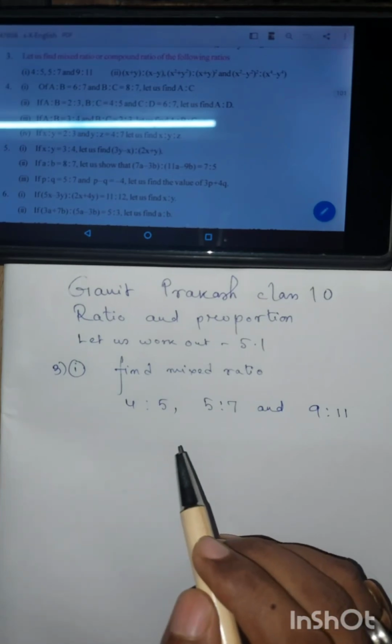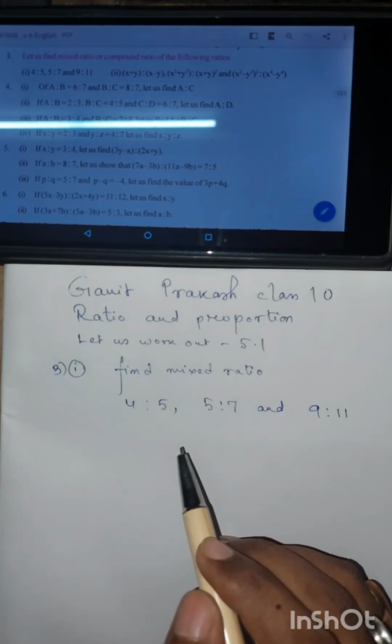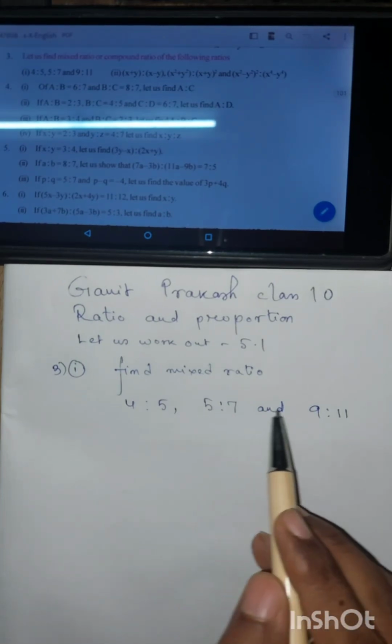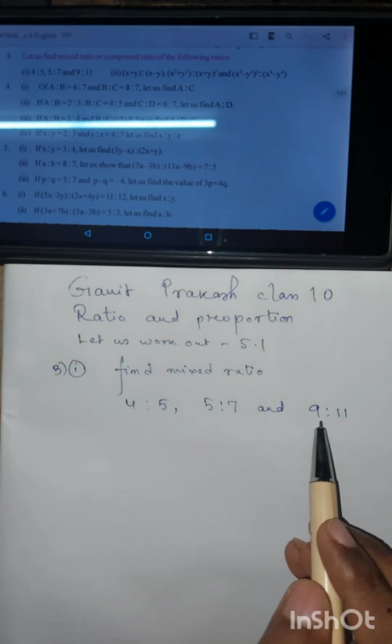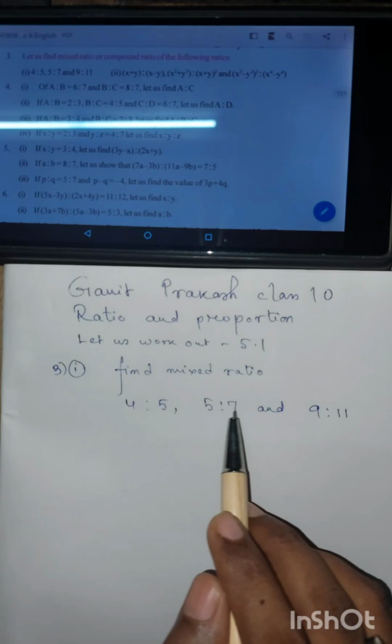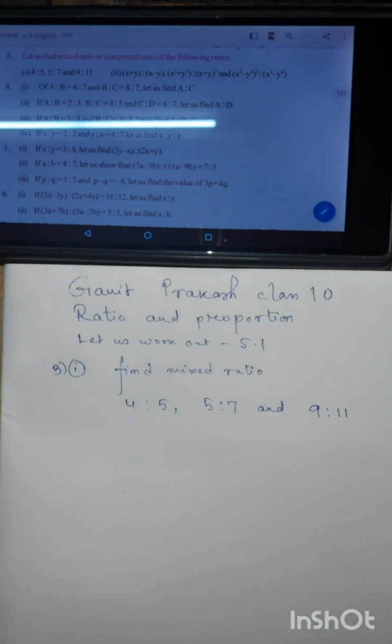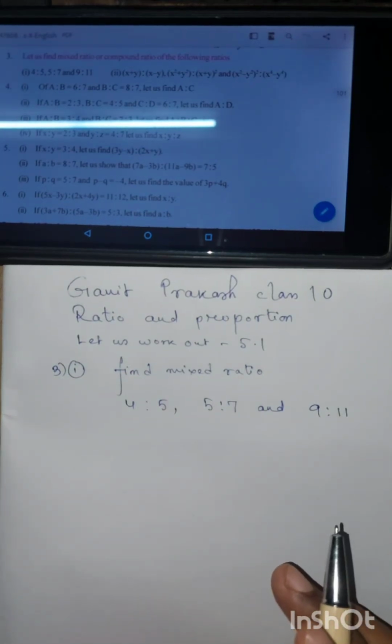We know to find the mixed ratio or compound ratio, we need to multiply the first terms and second terms of all these ratios.